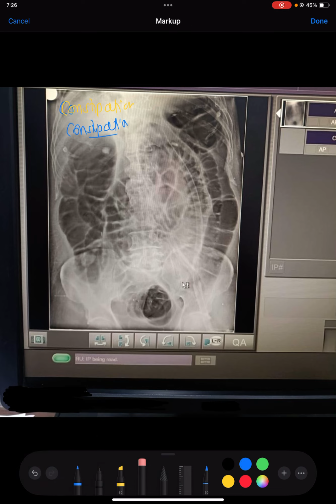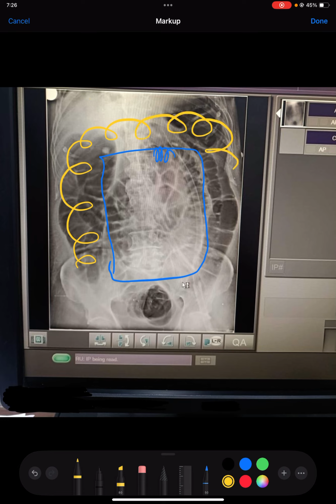Constipation means that normally this is the small intestine which we can see. Most of this is the abdomen, where in the center we usually have small intestine, and in this peripheral region we have large intestine. So what we have here is the cecum, and above the cecum we have the ascending colon.